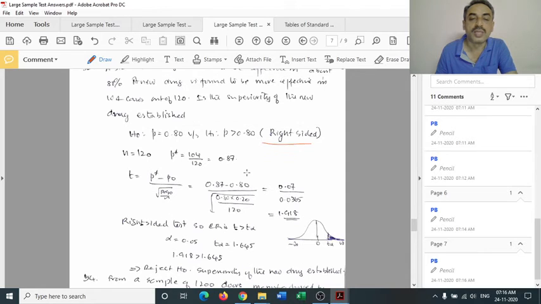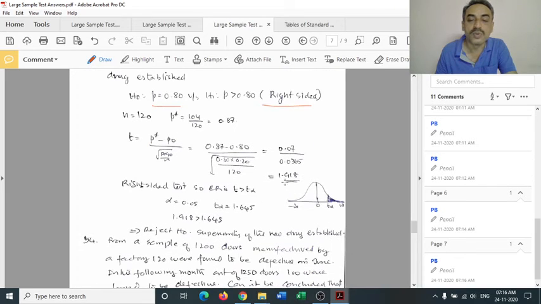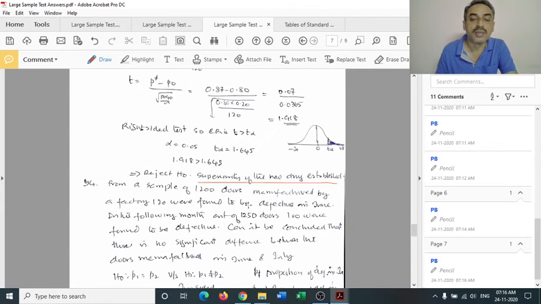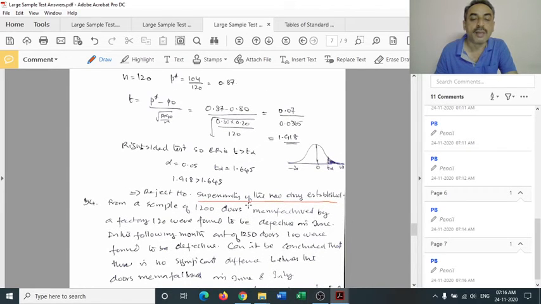So we reject p equal to 0.80. I'm sorry, not accept. The value 1.918 is greater than 1.645, so we reject H0, which means that superiority of the new drug is established. That means p greater than 0.80 has to be accepted.